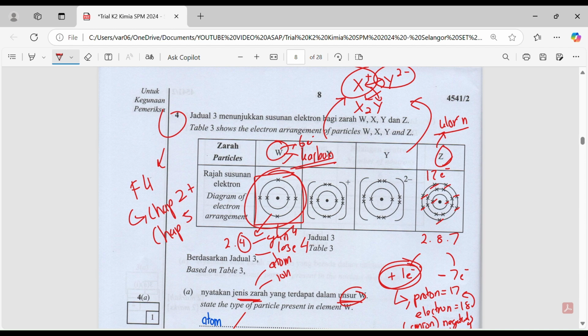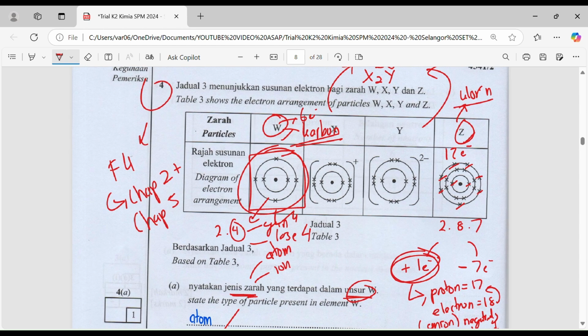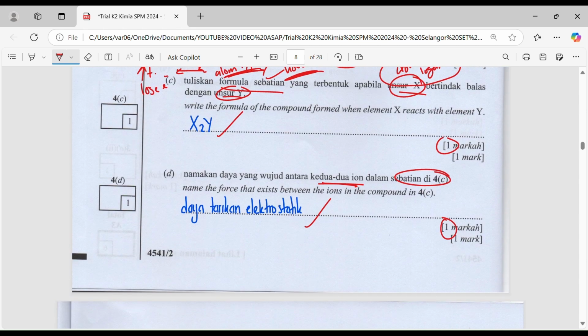They are non-metallic. In this case, as I said earlier, atom bukan logam with atom bukan logam will form covalent, ikatan covalent, sebatian covalent, where they will share their electrons. Right? Okay.